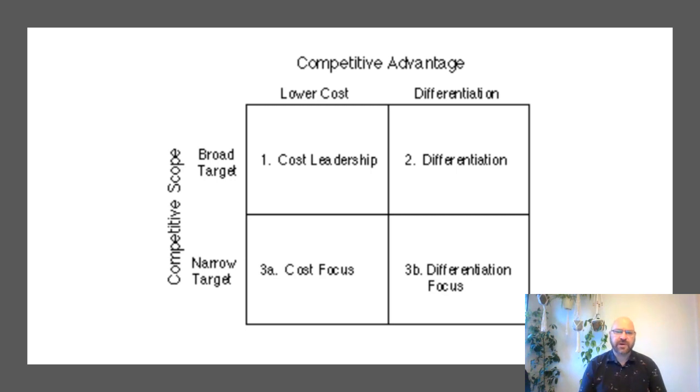A really good example here of a broad target is our budget airlines. In the UK, we have EasyJet and Ryanair. They're not trying to offer a service like British Airways or Virgin Atlantic or any one of these other big airlines. They're offering a very scaled back service. They'll get you from A to B, but very scaled back.